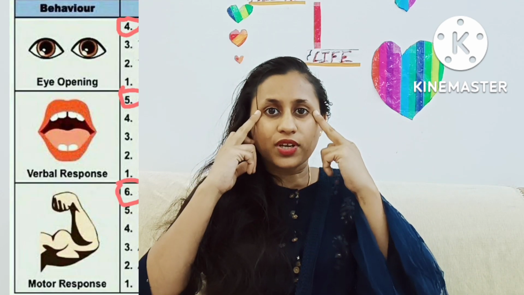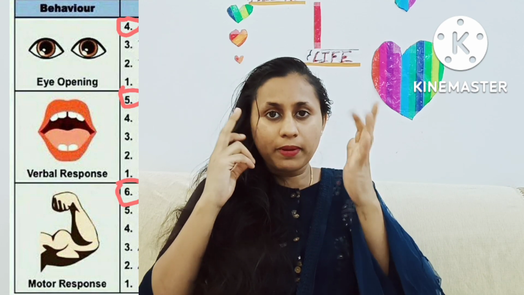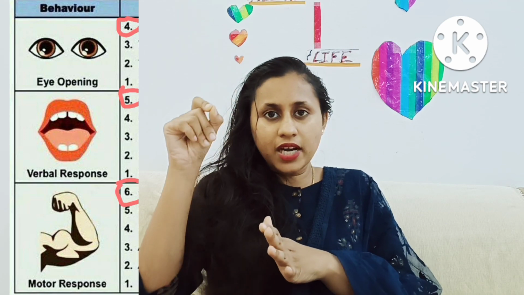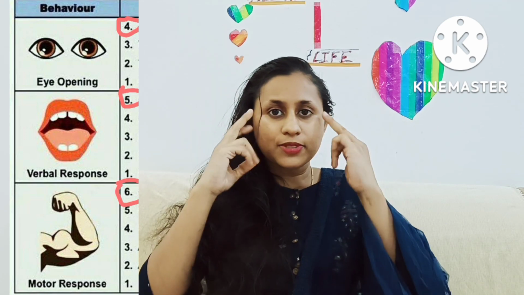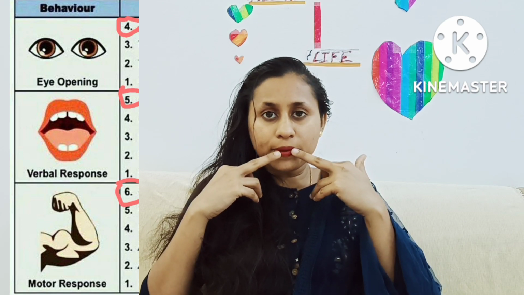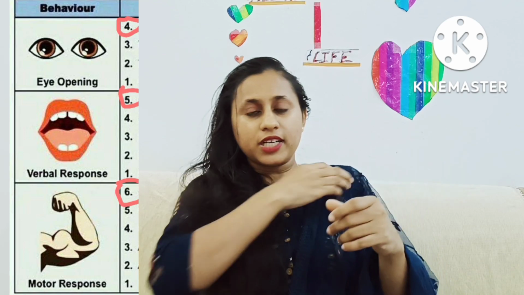It's very easy to remember, because first comes your eyes, so that is your E, and the numbers are also easy to remember: 4, 5, 6. So just write 4, 5, 6, and here comes your eye response. Next is your mouth, so your verbal response, and next comes your extremities, your hands, that is your motor response.